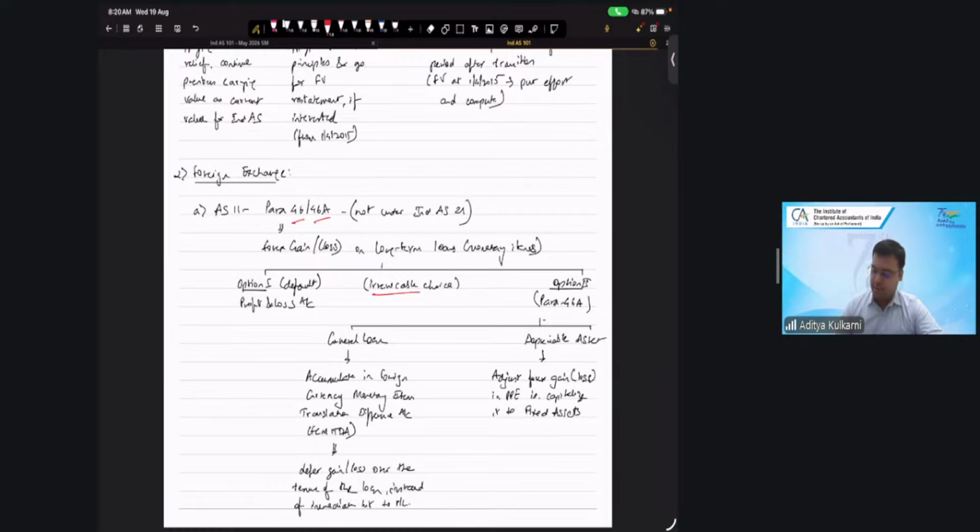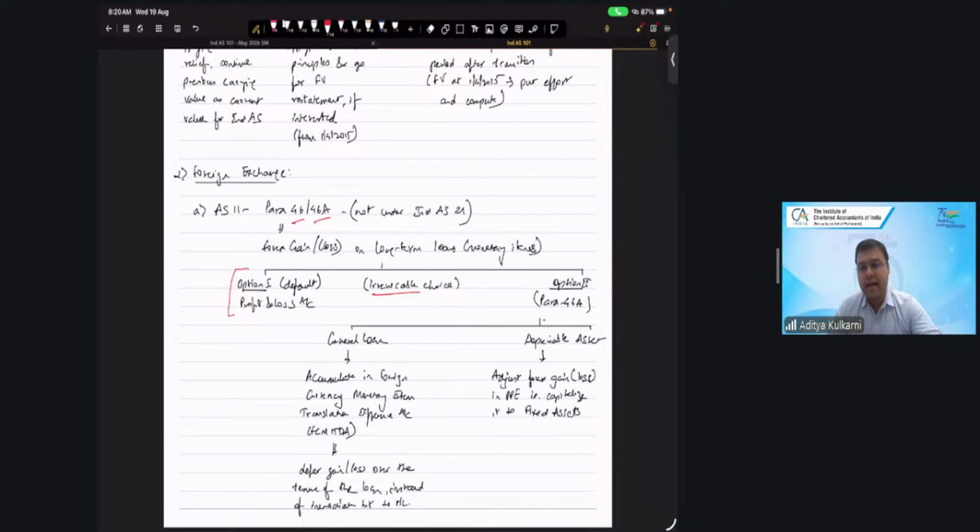The first option is taking the foreign exchange gain or loss to the P&L. This option was always there. Initially, before para 46A, this was the only choice. You had to take the hit to the P&L.